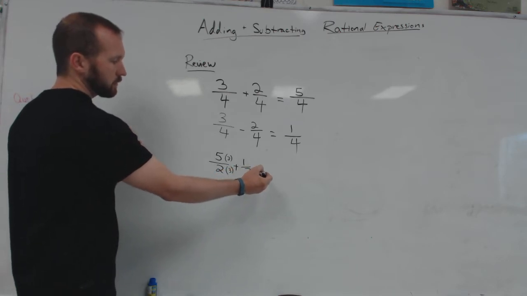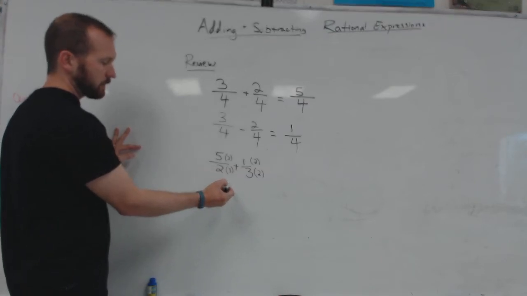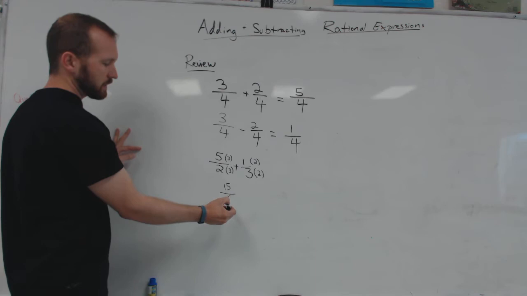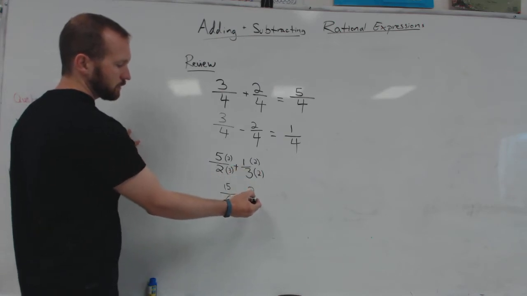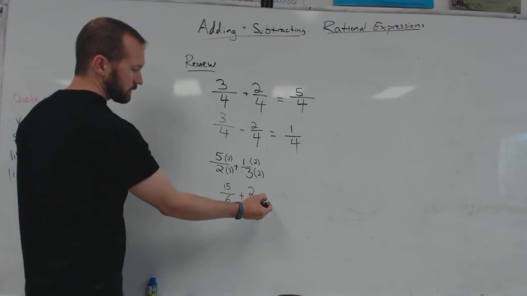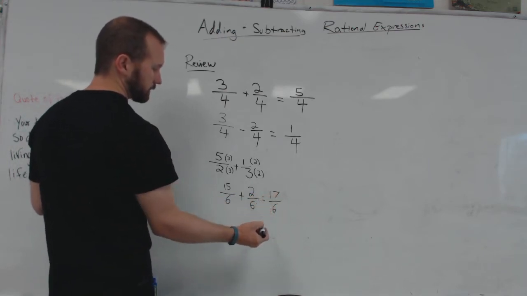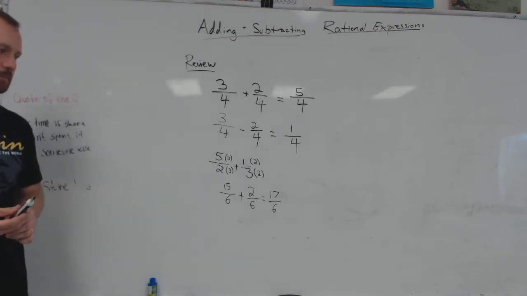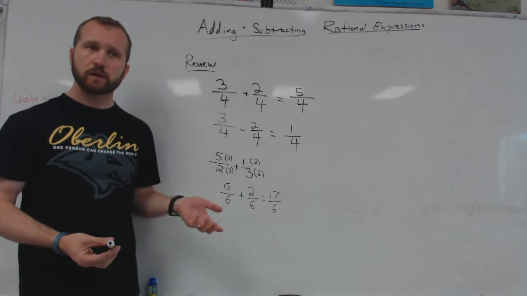And this one by 2/2. Very good. So I end up with 5 times 3 is 15 over 2 times 3 is 6 plus 1 times 2 is 2/6. So the answer to this would be 17/6. And then if I can reduce, I would reduce.